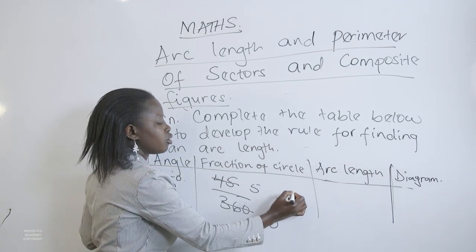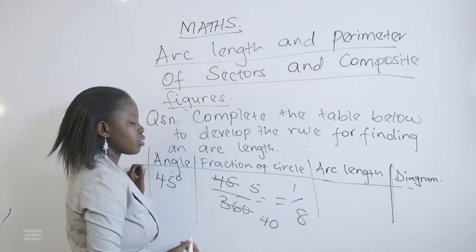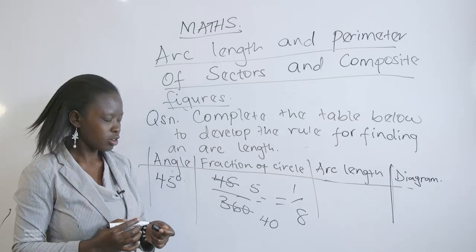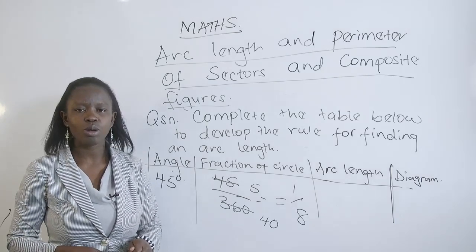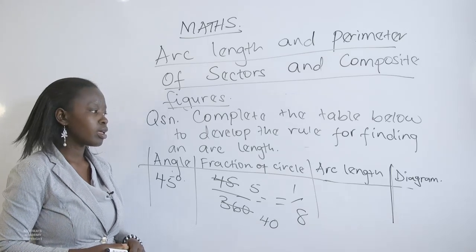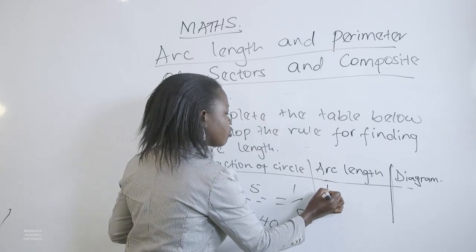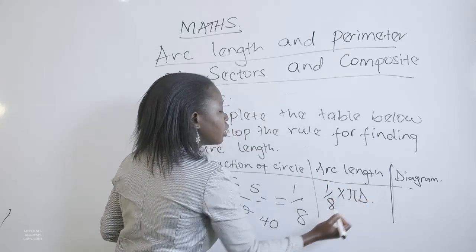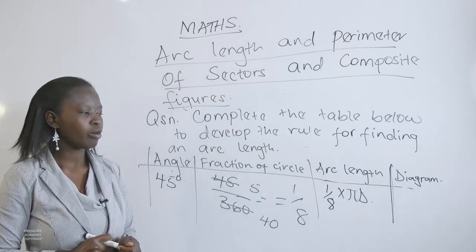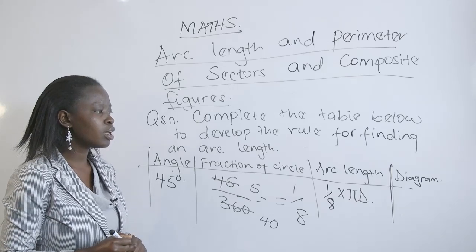Then 5 into 5, 1, and 5 into 40, 8. So that means 45 over 360 simply represents 1/8 of a circle. So the formula that will be used is 1/8 multiplied by pi d. So 1/8 times pi d will give us the length of that given arc.